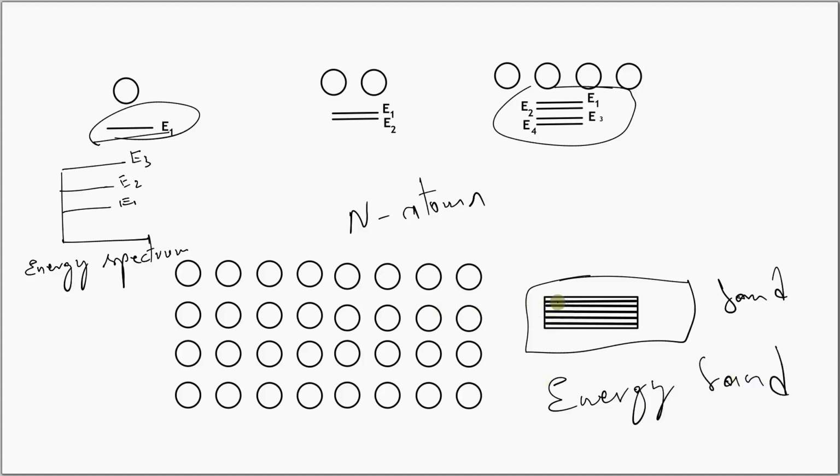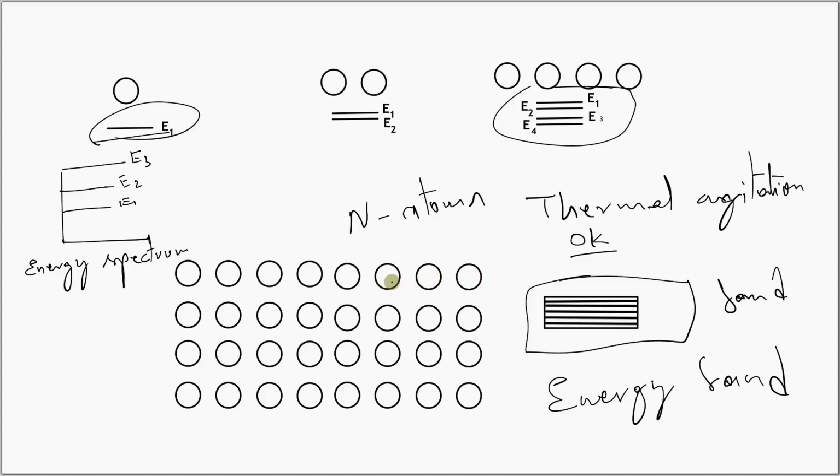The splitting of the energy levels can also be attributed to the thermal agitations of the atoms. When the temperature is above 0 Kelvin, the atoms attached to the lattice will be vibrating about their mean position, which is the lattice point. Since they are vibrating, they will have an influence on the neighboring atoms and their energy levels.